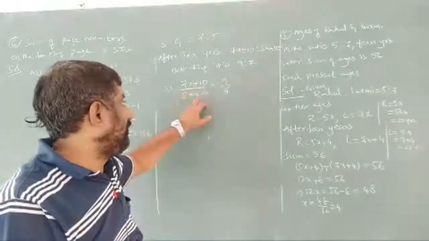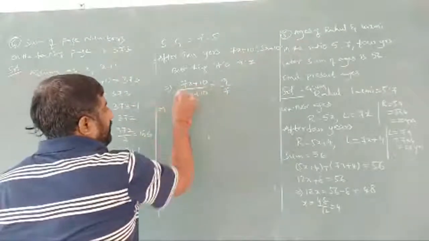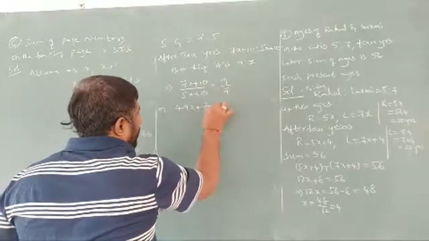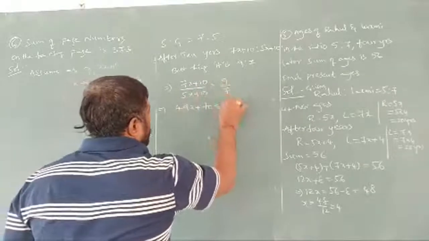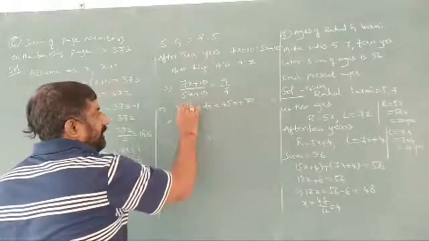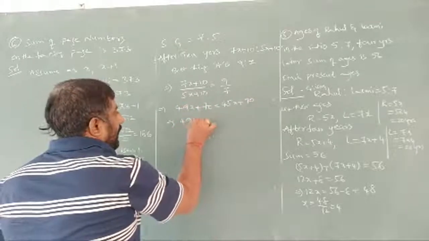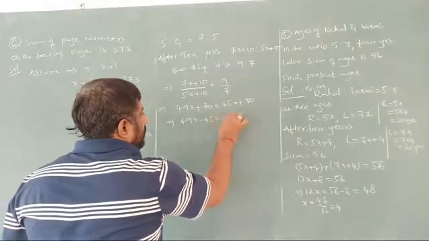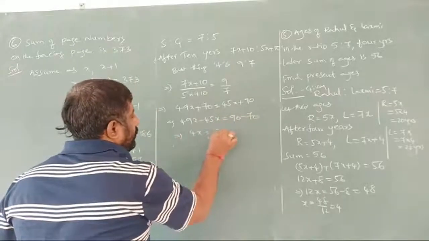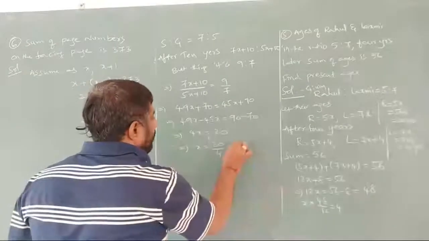So 7x plus 10 by 5x plus 10 is equal to 9 by 7. Simply cross multiply: 7 7s are 49x plus 7 10s are 70 is equal to 9 5s are 45x plus 90. Transpose 45x here and 70 that side. So 49x minus 45x is equal to 90 minus 70. 4x is 20. x is 20 by 4, nothing but 5.